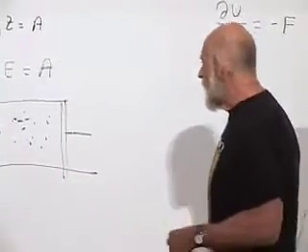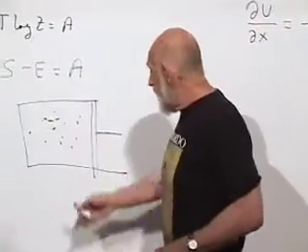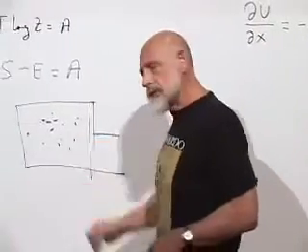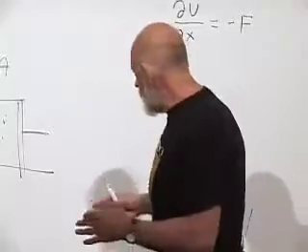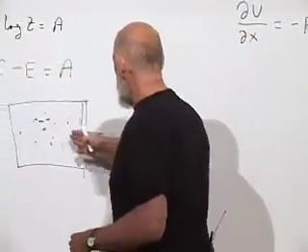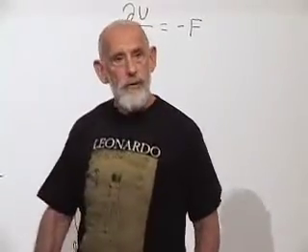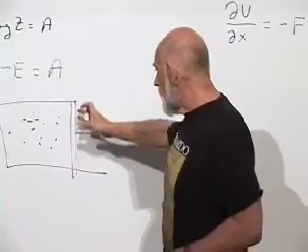The work done. So if we can calculate the change in energy, now what will that be? That will be the change in energy of the gas in here as we change the volume. We change the volume a little bit, the energy in there will change, and that is the work done on the piston.